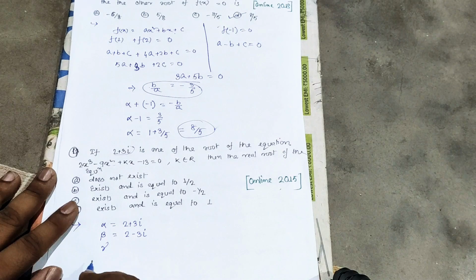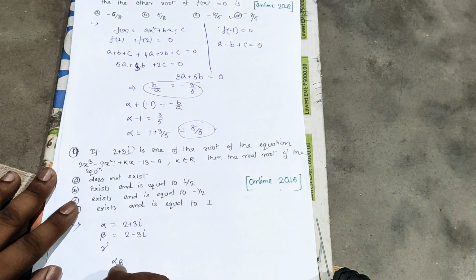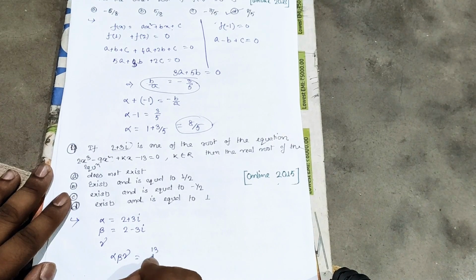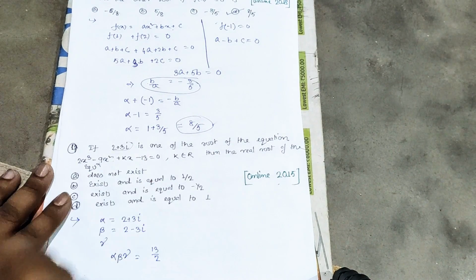So if I apply the product of roots, that means alpha times beta times gamma will be equal to 13 by 2 from this equation.